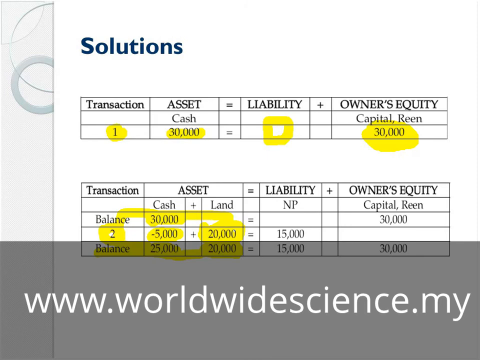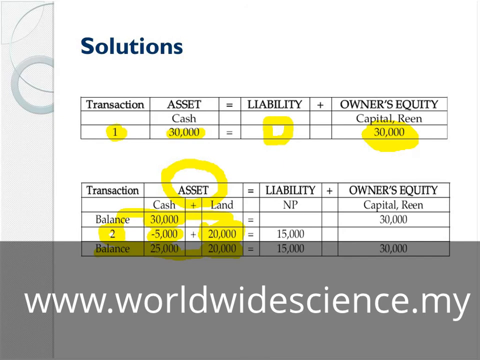So it means minus 5,000 from the 30,000. And the balance will be 25,000. And later he bought the land which cost 20,000. It shows also in assets. Assets show our cash, our land, property, and so on. Yes, clear, right?